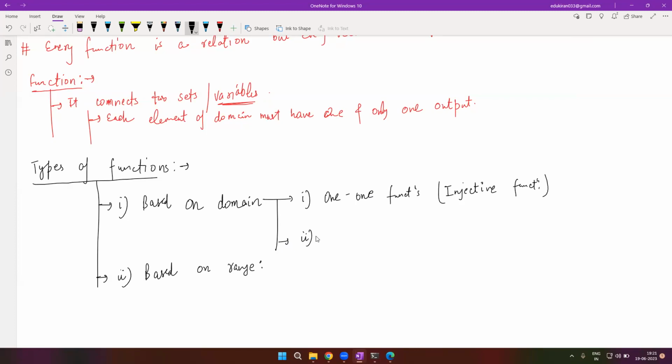And the second type of function is many-one functions. Right? And if we talk about based on range, then we have two types of function. First is onto function, and second is into function. Onto and into. Onto functions are also known as surjective.